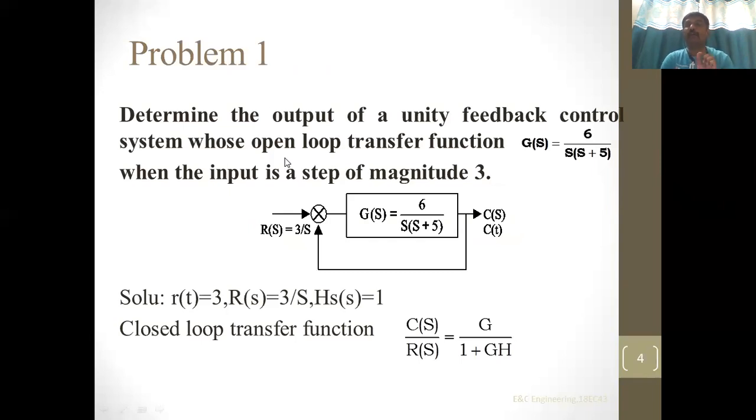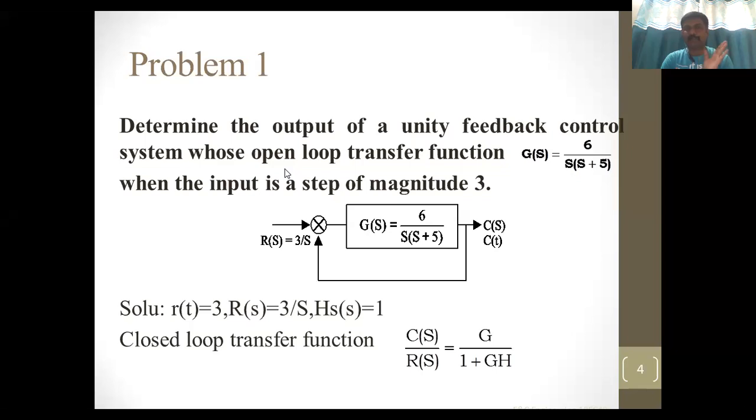We need to find the output. Output is C of t. You need to understand that clearly. Unity feedback in the sense H of S is equal to 1, of a unity feedback control system whose open loop transfer function, that is OLTF, is given. OLTF is G of S. Closed loop transfer function is C of S by R of S.